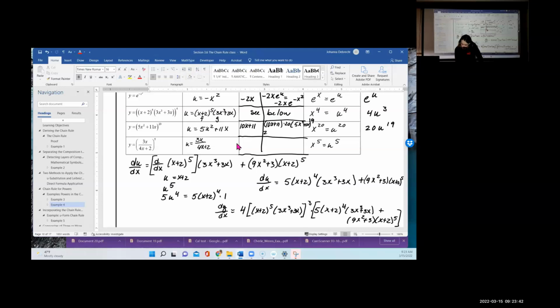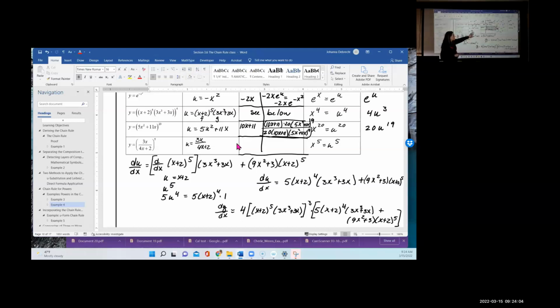So we could move the 20 to the front. Then we have 10x plus 11. Then we have the 5x squared plus 11x, all raised to the 19th power. All right, right there. A little small, getting a little hard to write in there.